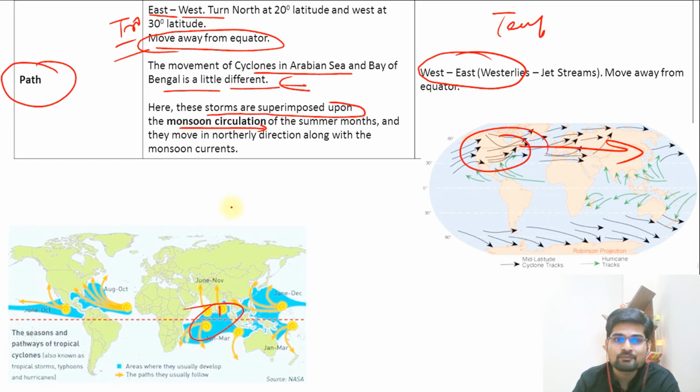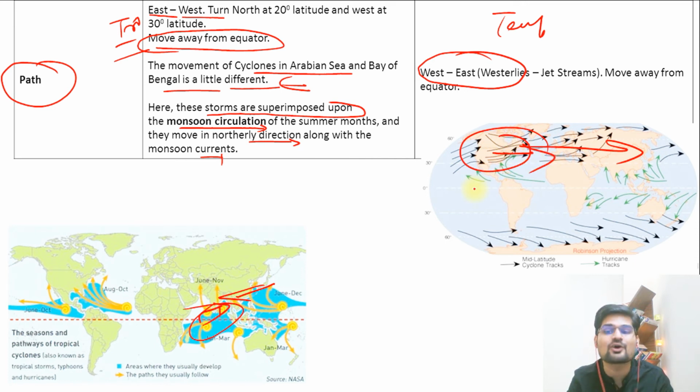So that is important. And they move in the northern direction along with the monsoon currents. So this is what we talk about, right? So this is a little difference, but the larger picture is that tropical is east to west, and temperate is west to east in a general way in terms of path comparison.